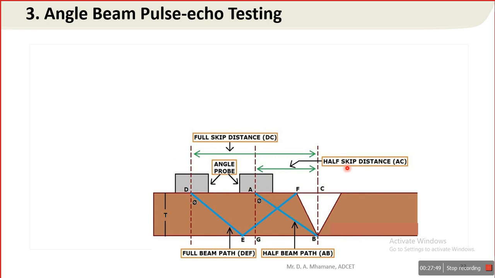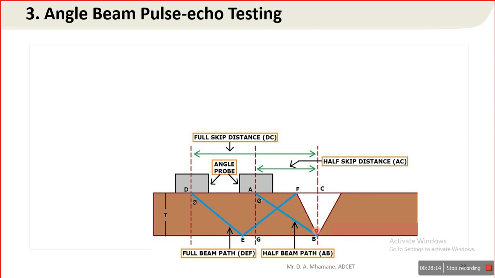Here is the half skip distance, which is related to a single leg. This full skip distance is further extended to the central axis of the weld, so it is the full path distance plus the thickness of the weld up to the central axis. The half skip distance is related to the half beam path.